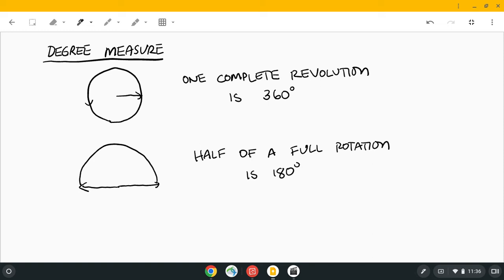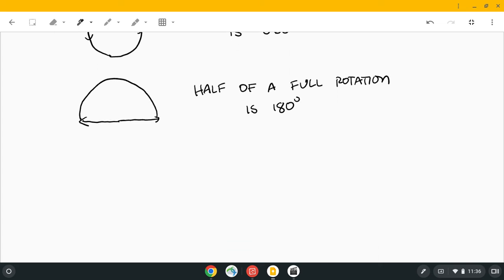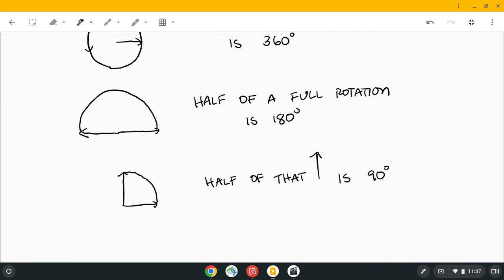And then if we take half of that, half of 180 is 90. So we start here, and we go here, right? Half of that is 90 degrees. And then we can take half of that, which is 45, etc. But you should at least be familiar with 360 degrees, 180 degrees, 90 degrees. Okay?